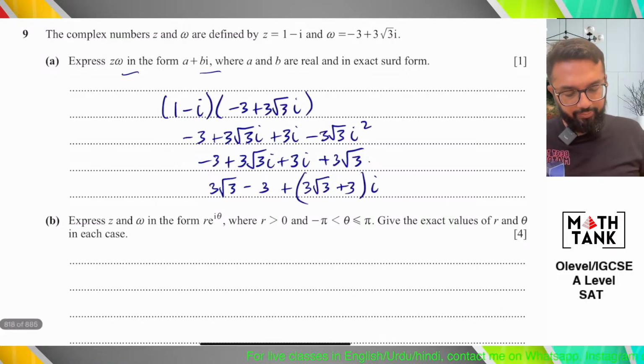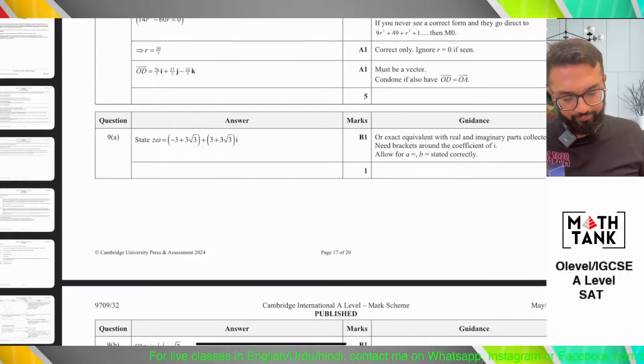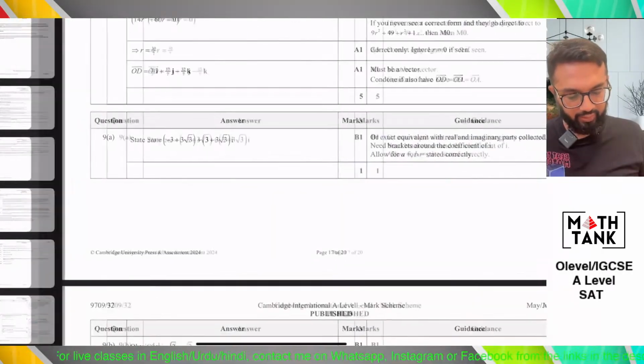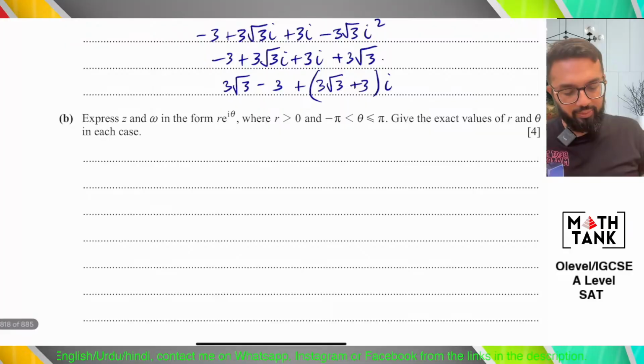Okay, yeah, I think that should be right. 0, 3 minus 3 and 3 plus 3. Express Z and W in the form, give the exact values of r.